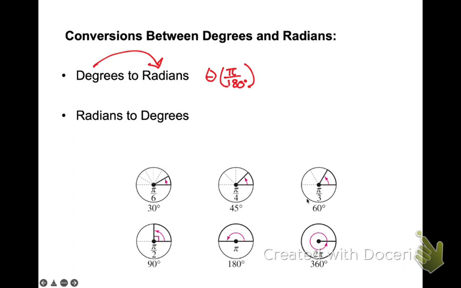If I'm going from radians to degrees, I want to reduce out the radian, so it goes in the denominator. So it's 180 degrees over pi. That is the conversion factor.